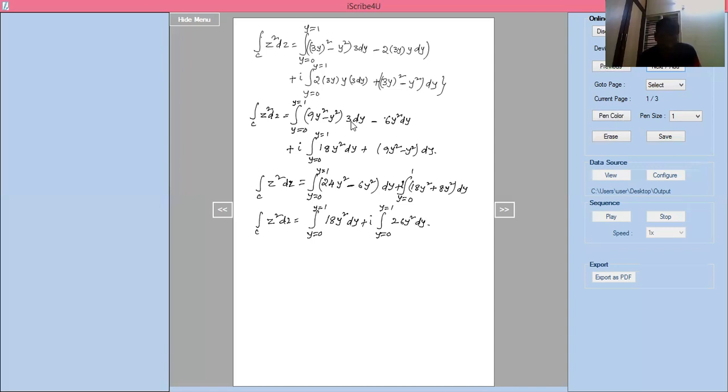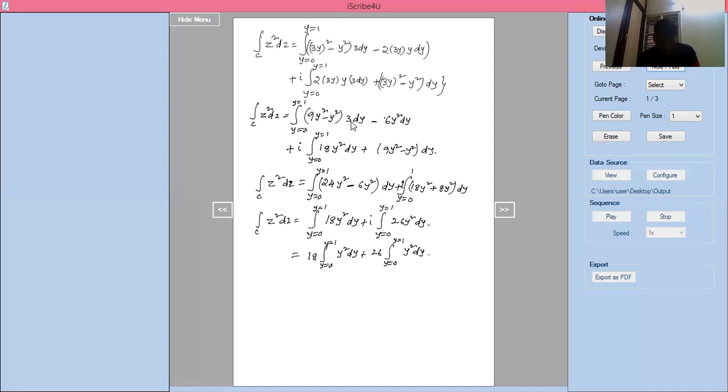Now this one I can simplify: 18 into integration of y equal to 0 to y equal to 1, y square into dy, plus 26 into integration of y equal to 0 to y equal to 1, y square into dy.